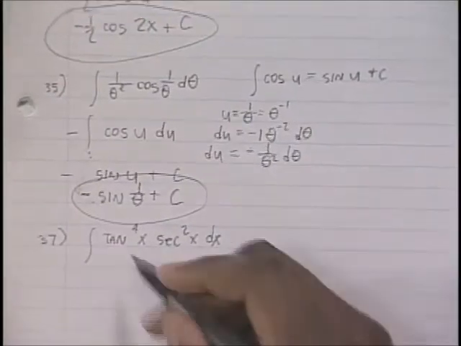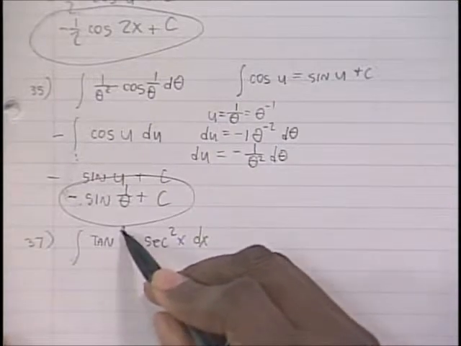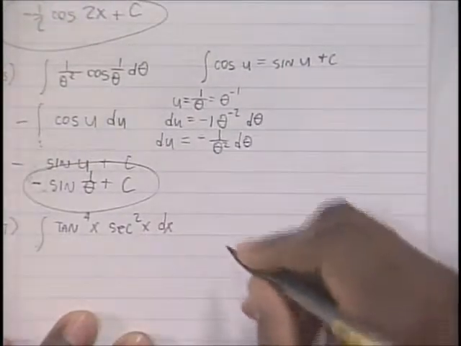All right, so we have the antiderivative of the tangent of x to the 4th times secant of x squared.